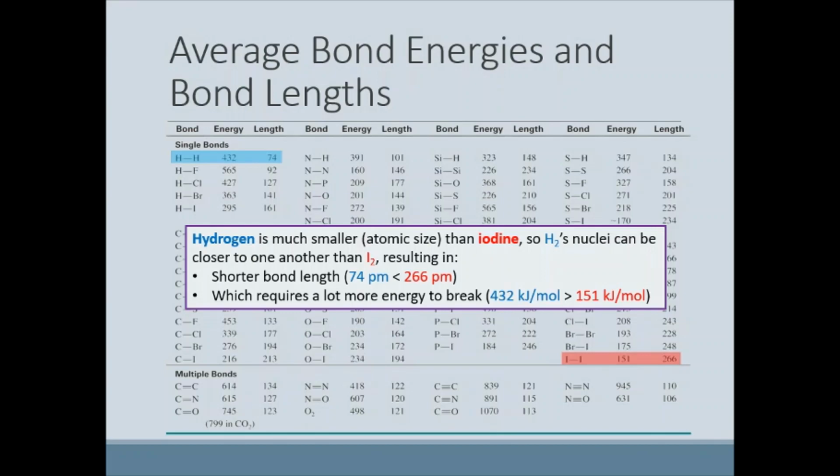Hydrogen is going to be a lot smaller than your iodine atoms. And because of that, the distance between two hydrogens is going to be much shorter than the distance between your two iodines. And so in this case, because the distance is shorter, the energy is going to be much greater. By that I mean the shorter bond is going to require higher energy in order to break the bond.